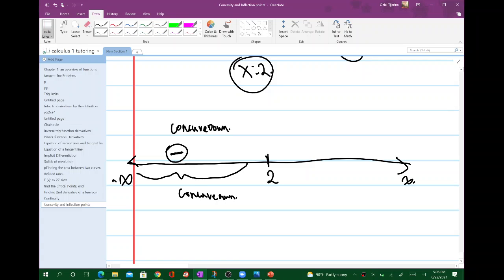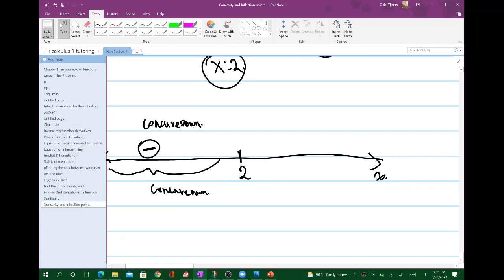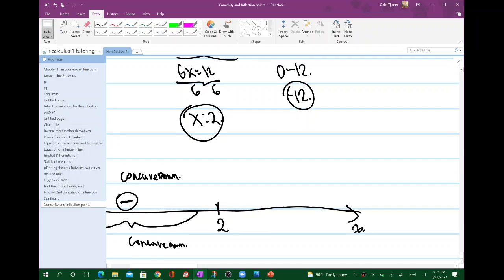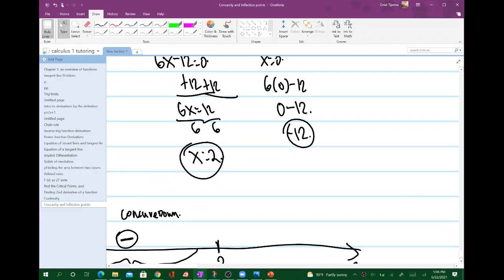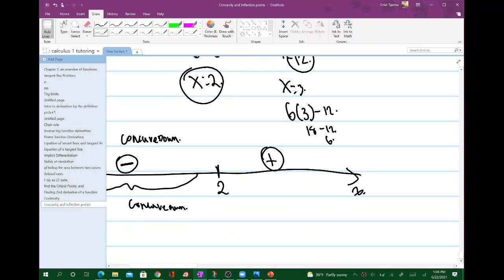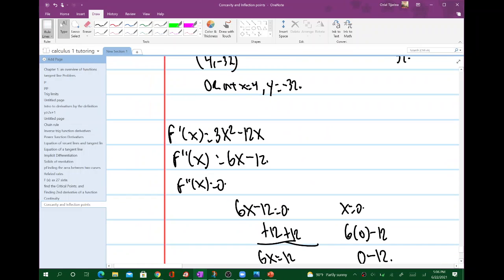And so then we're going to go from 2 to infinity. We're going to plug in x equals 3. So if we plug in 3 for x, we get 6 times 3 minus 12, and that's 18 minus 12, which is 6. So this is positive, right?